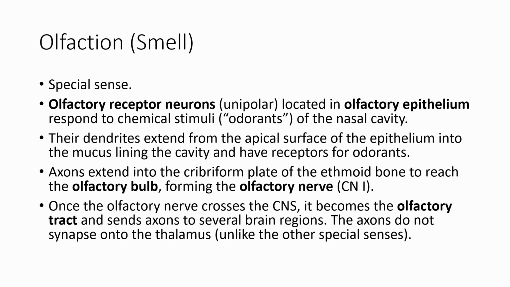Once we cross into the central nervous system, the olfactory nerve becomes the olfactory tract. Remember, nerve and tract are the same thing, just different locations, peripheral versus central. The axons get sent to several different brain regions. These axons do not synapse in the thalamus, which is different from the other special senses that we have.